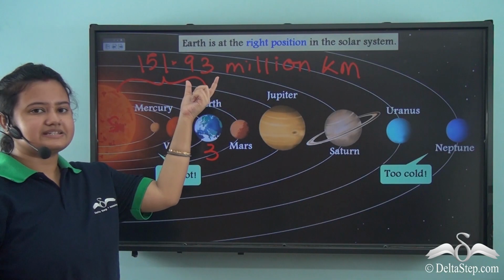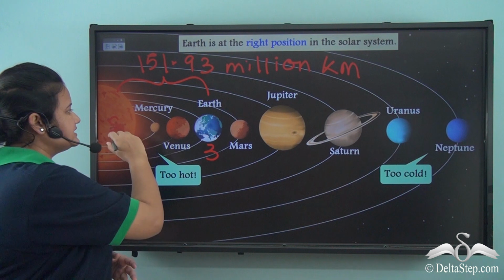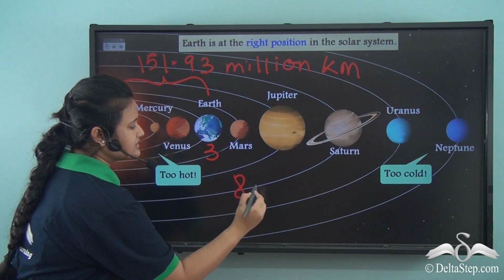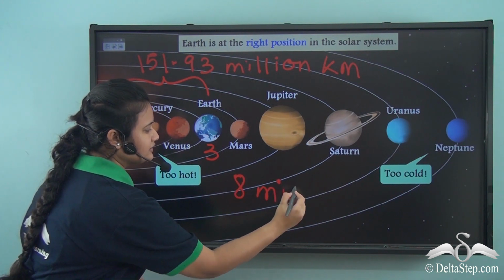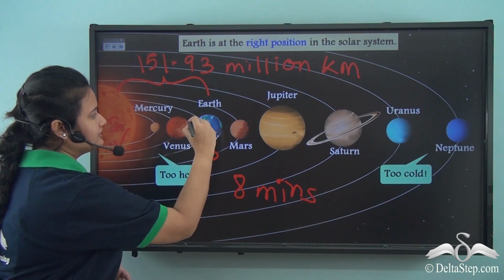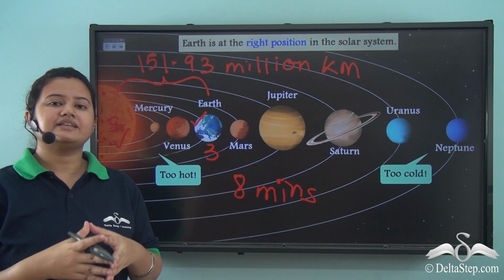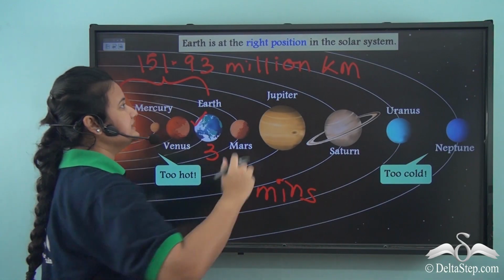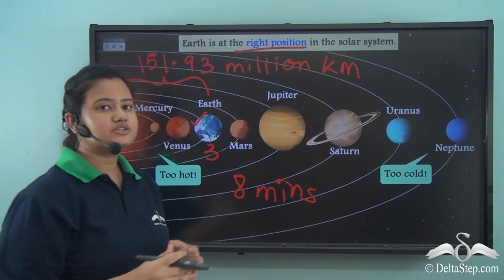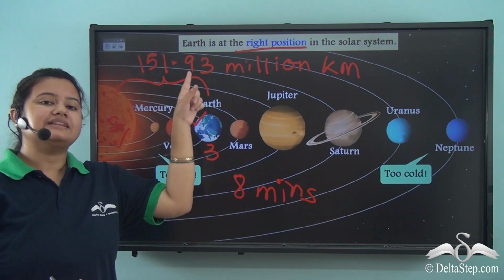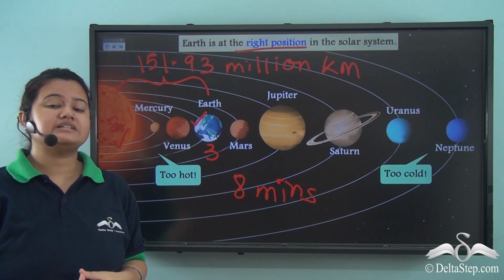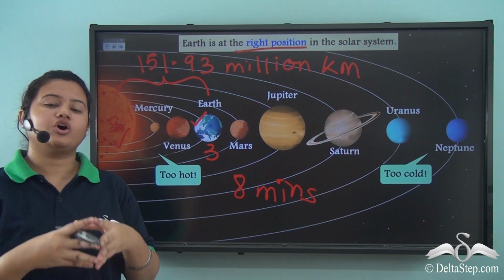Given this distance, the light from the Sun takes approximately 8 minutes to reach Earth. Thus, we can say that the Earth is at the right position in the solar system because this distance enables to maintain optimum temperature on Earth.